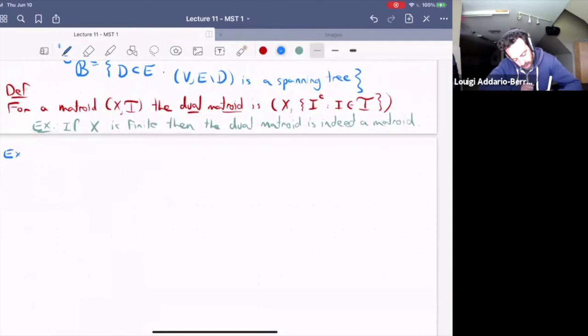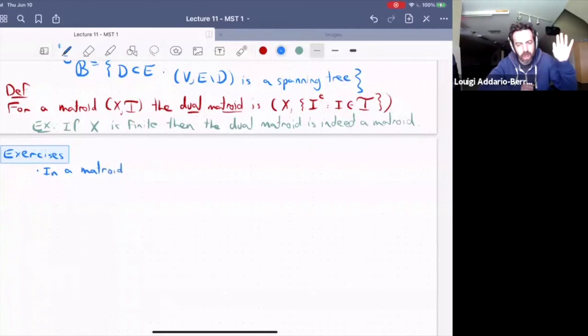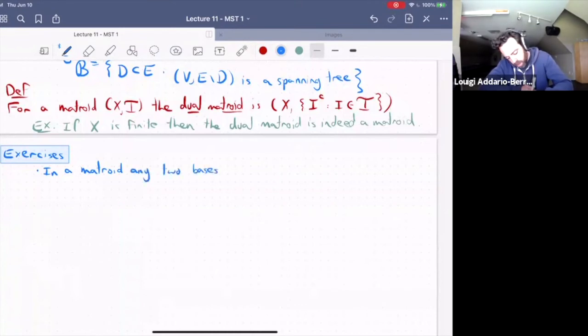But let me leave you with a couple of exercises about basic matroid facts before we focus on Kruskal's algorithm. If you just think about vectors in your mind and linear independence, then you can see how all of these generalize properties of vectors. So, in a matroid, any two bases have the same size.